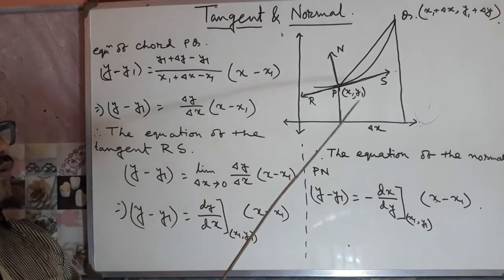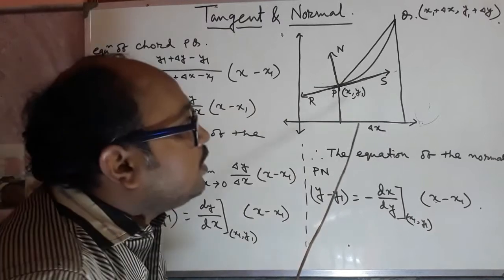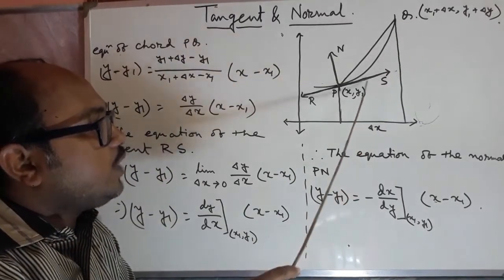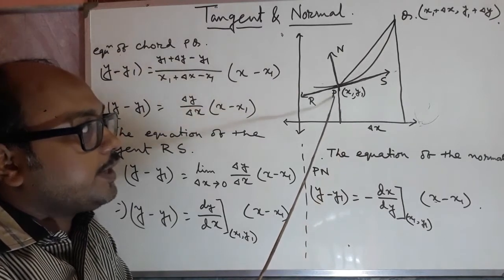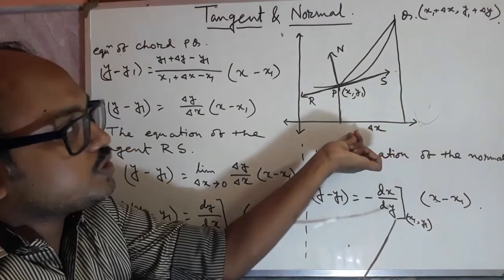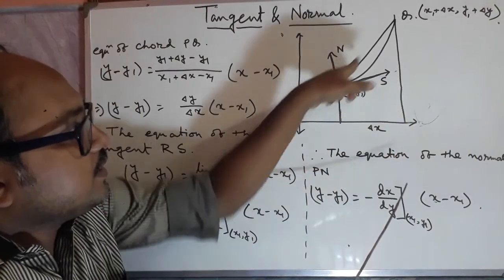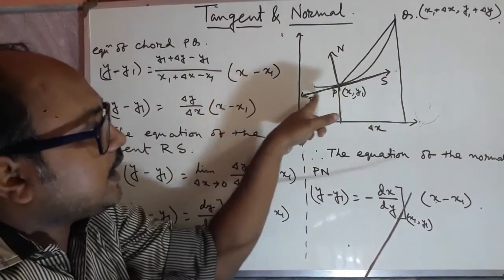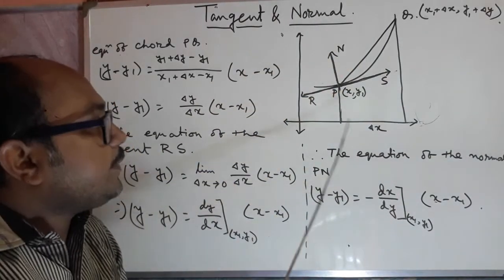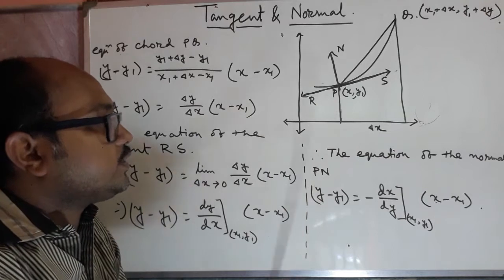Now we know if this point Q moves towards the point P, that means if this delta x tends to 0, then this chord PQ becomes the tangent RS at the point P, at the point x1, y1.